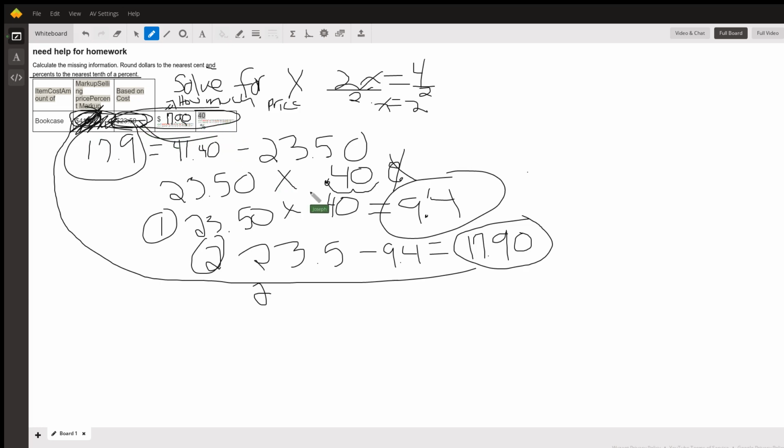I'm sure you're familiar with that. Your teacher already threw that at you. If not, your professor or teacher is coming, and you just solve for X. You always solve for X, and you can always check your number as we did here.